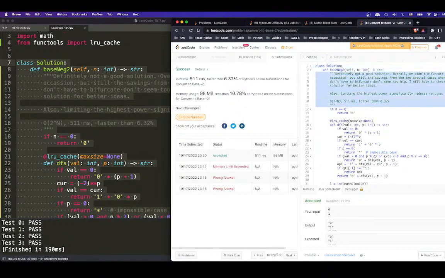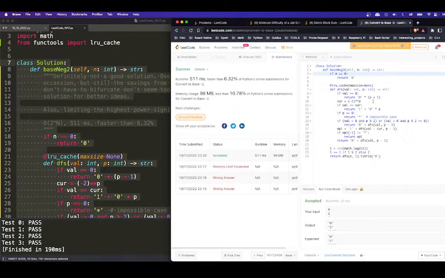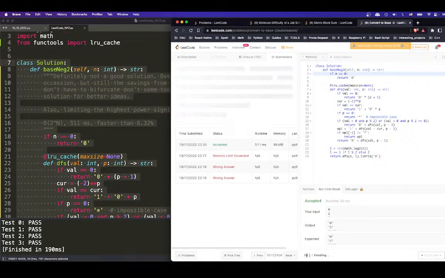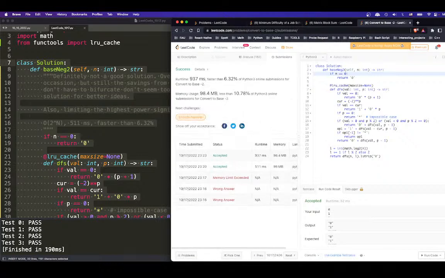Yeah, let's not put this one here because I'm not sure. Nah, it's about the same. Nothing.